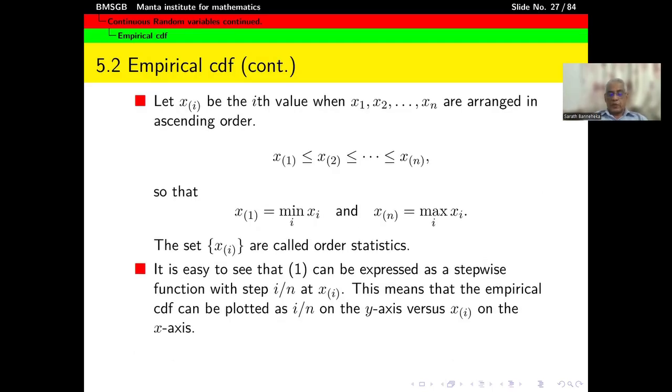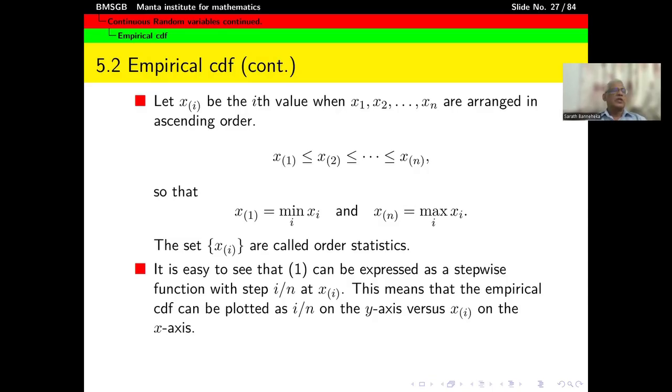So if we plot these order statistics on the x-axis and the corresponding value of f hat x on the y-axis, you get the graph of the empirical cumulative distribution function. It will be a plot of i over n versus xi, where xi is the ith order statistic.